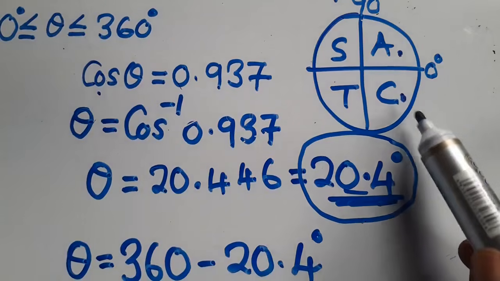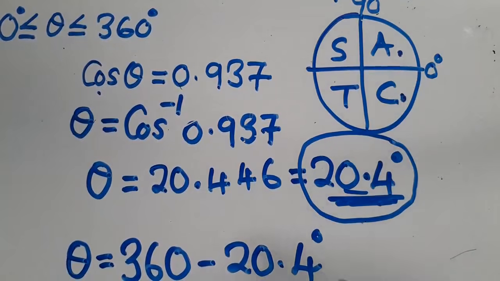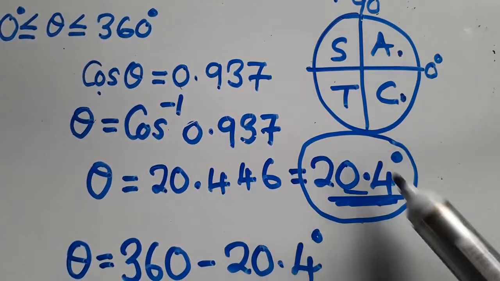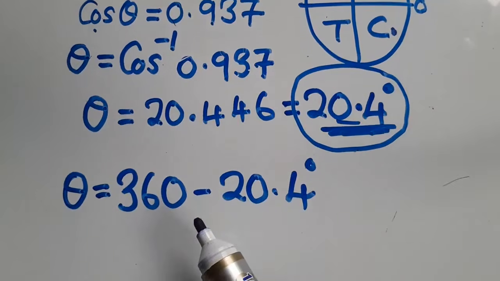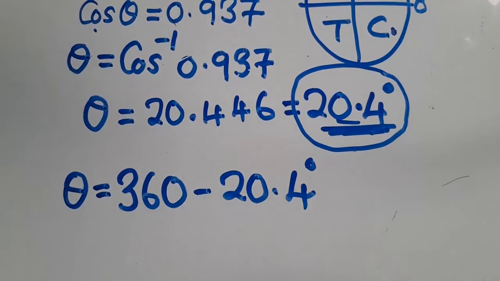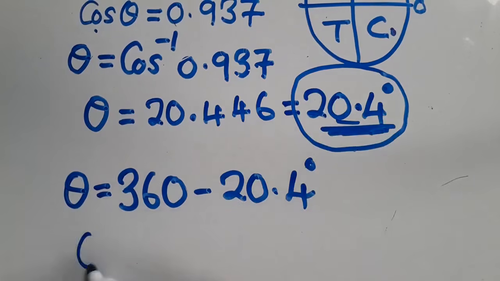We say 360 minus the answer is equal to theta. You can also work it out by saying 360 minus the answer that you found there. If you are used to the one that I gave you earlier on, you can still use that one. This is just one and the same.